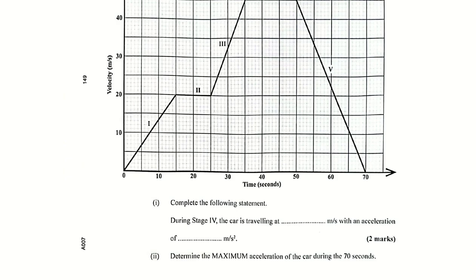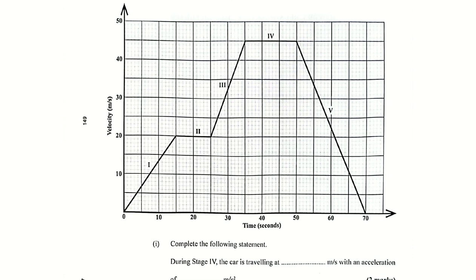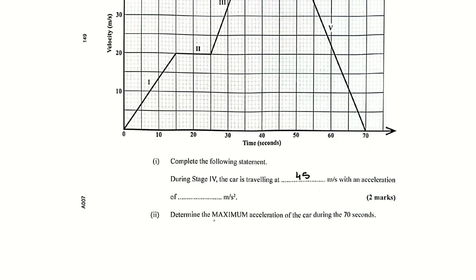Complete the following statement. During stage 4, the car is traveling at, between 40 and 50, 45 meters per second, with an acceleration of, because that is a straight line or a flat line, the acceleration is 0, so it's a uniform acceleration, so it'll be 0 meters per second squared.